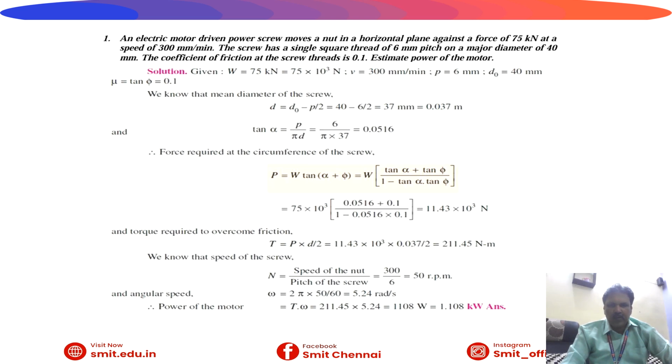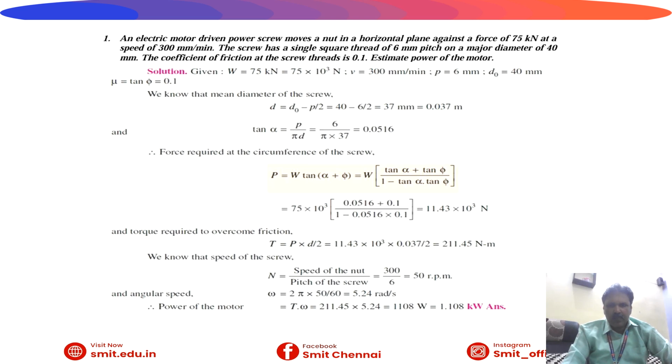Then for the force required at the circumference of the screw, this important formula, how much force we apply to lift the screw threads, is P equals W tan of alpha plus phi. We have to use the formula tan of alpha plus phi. In trigonometry, this is tan alpha plus tan phi divided by 1 minus tan alpha tan phi. On substituting the values, you get 11.43 times 10 to the power 3 Newton.